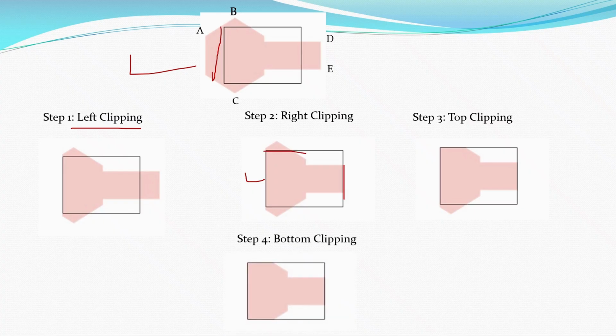Next the bottom. After the clipping, this is your given polygon and this is your output. So we clip left, right, top, bottom. While doing this, we have to maintain the vertices. The vertices saved as output for a particular edge act as the input for the next edge.